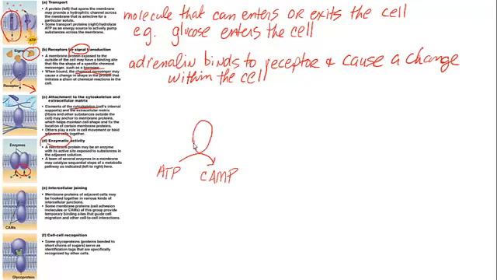So this would be the protein in the membrane, and this protein acts as an enzyme. In this case, the enzyme is called adenylate cyclase. But the great thing about this is that the second messenger, the chemical that's produced, is then going to trigger other events within the cell. So the protein can act as an enzyme is the important point here.